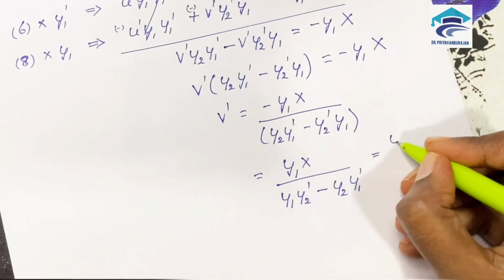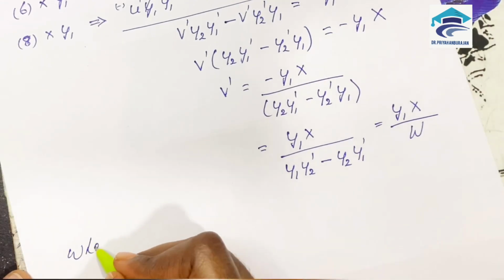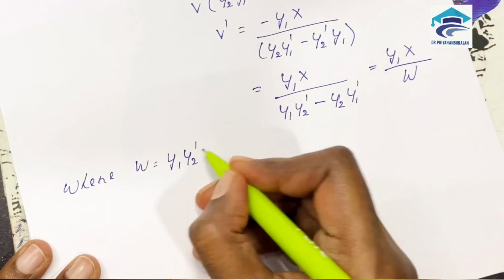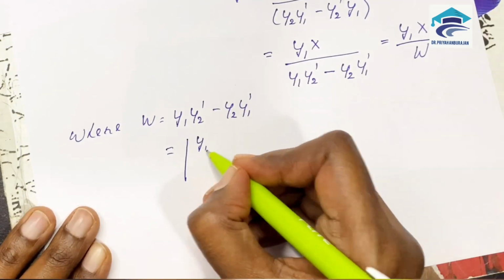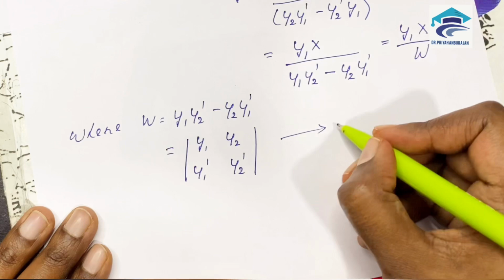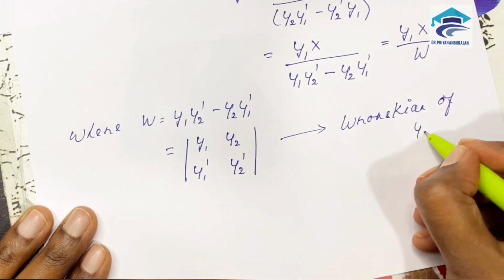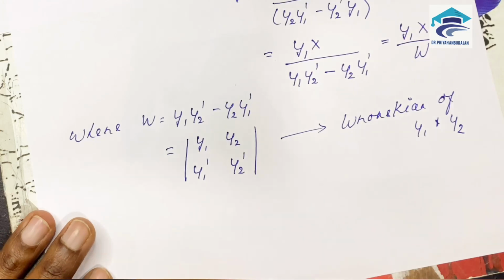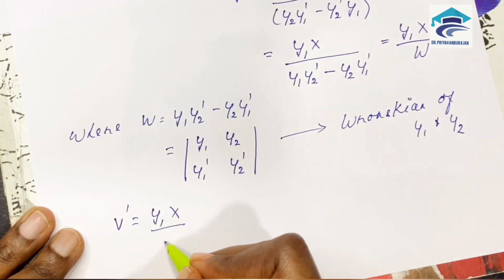So this can be written as y1x by w, where w is equal to y1 y2 dash minus y2 y1 dash, that is the determinant y1 y2, y1 dash y2 dash, and this is the Wronskian of y1 and y2. So now we have v dash. So my v dash is equal to y1x by w.